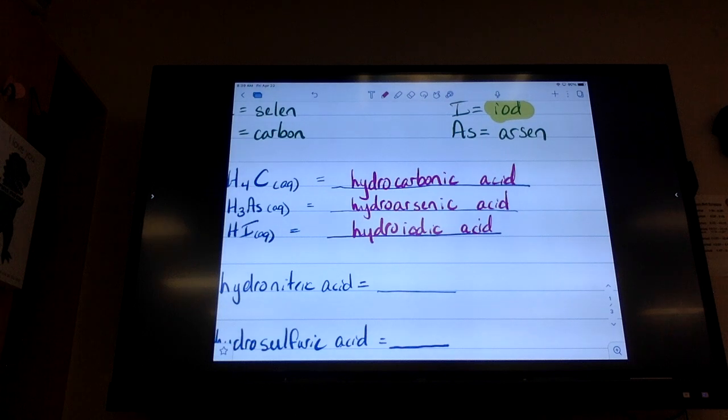It's too early for that. That was terrible. I mean, deep down we're all like sixth graders, so it's fine. I tried not to laugh at some of those. Hydroiodic acid.